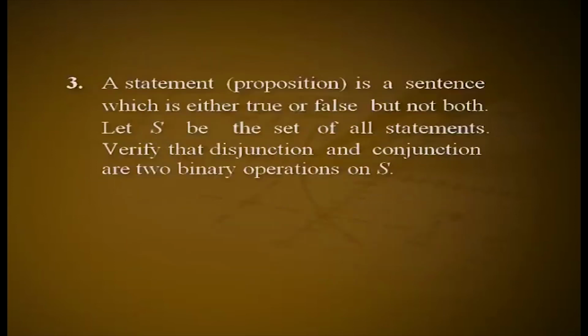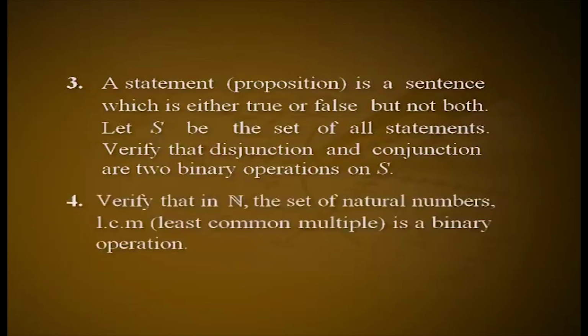A statement or proposition is a sentence which is either true or false but not both. Let S be the set of all statements. Verify that disjunction and conjunction are two binary operations on S. 4. Verify that in N, the set of natural numbers, LCM, the least common multiple, is a binary operation.